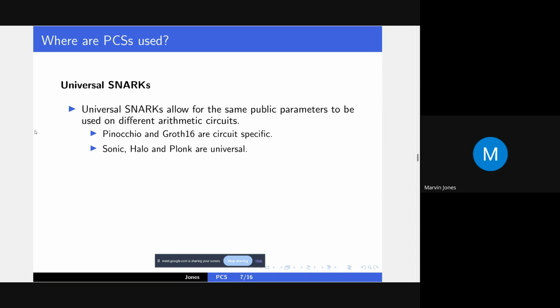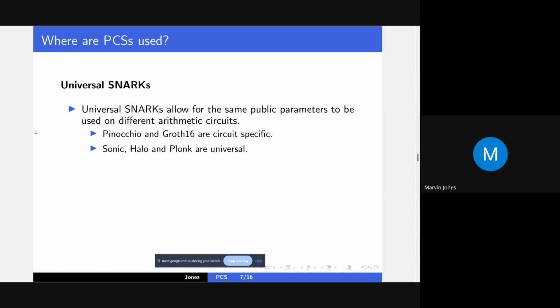If you're looking at non-universal ones like Pinocchio and Groth16, their public parameters are structured reference strings. For the sake of sanity, I'm just calling things public parameters, but just for people who are not quite in the know.